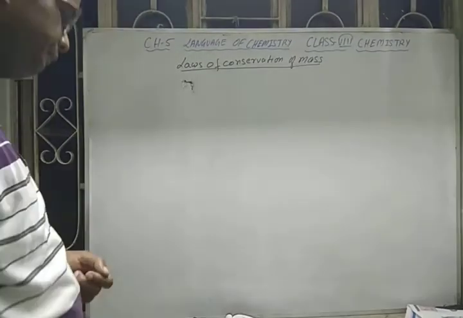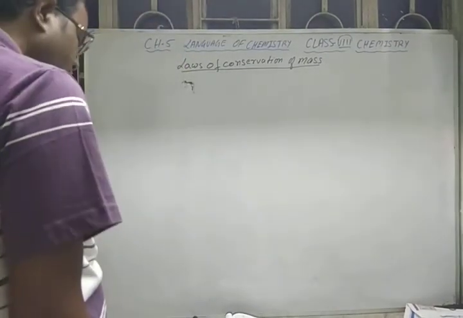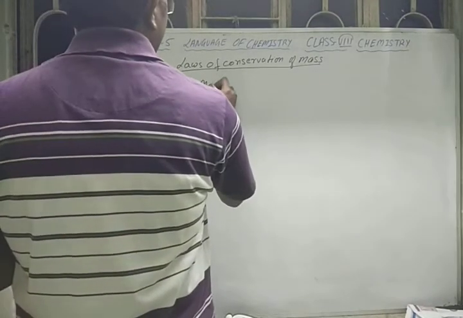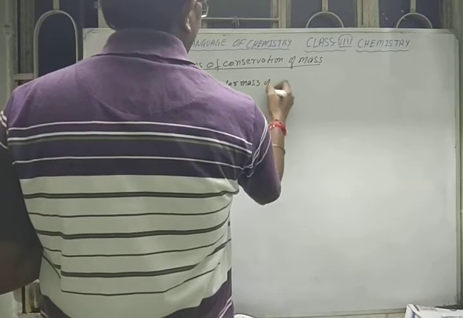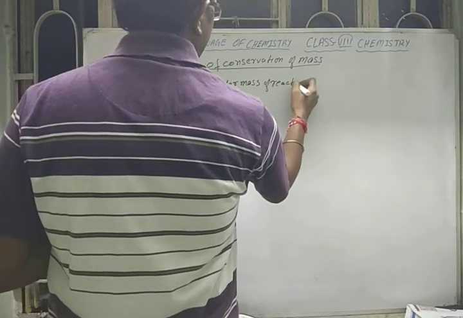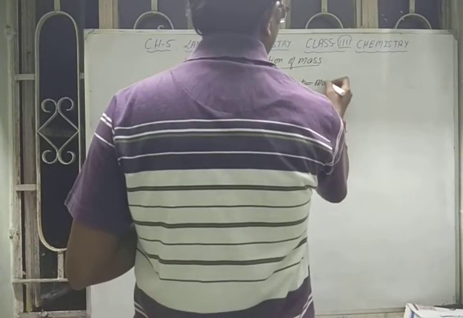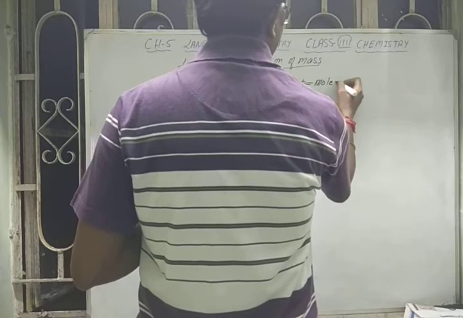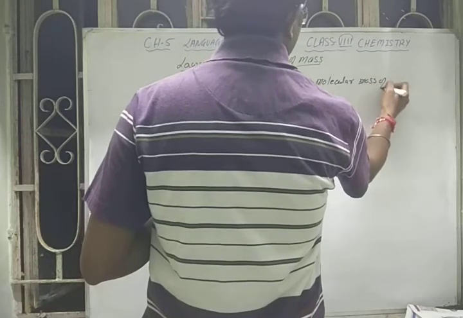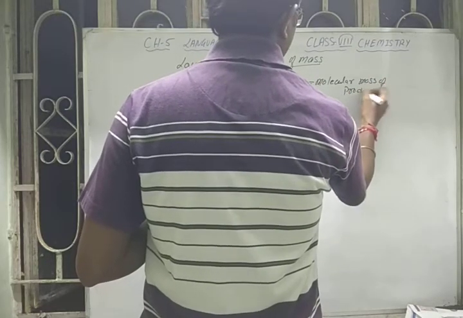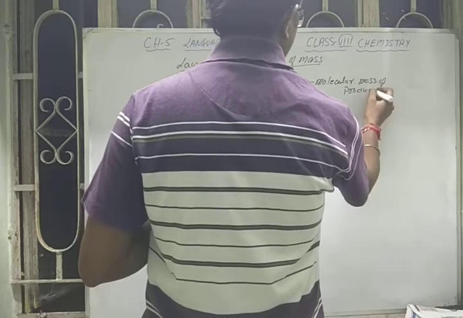In the same way, the total molecular mass of the reactant is equal to the total molecular mass of the product. So this is the law that we will see here.